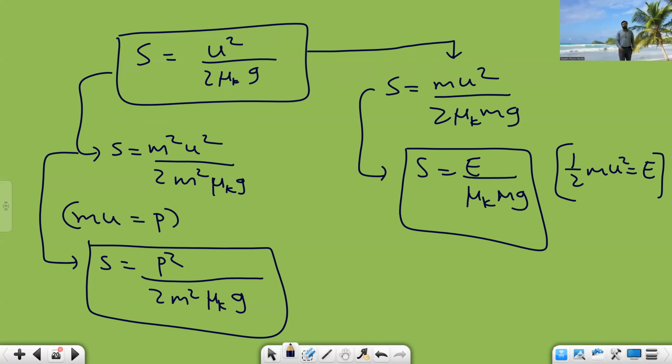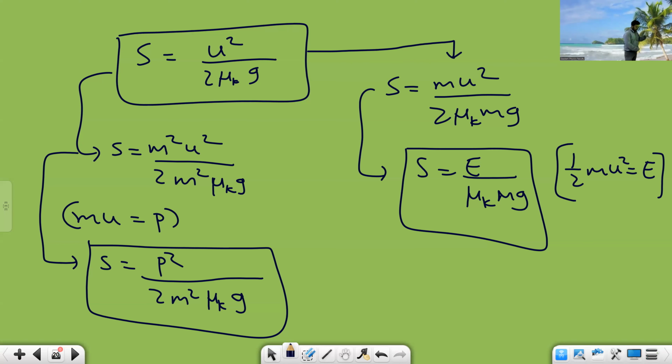According to the situation, we have to apply the formula in different ways. You have to know how to handle it in terms of momentum and in terms of kinetic energy. That way of thinking is essential.